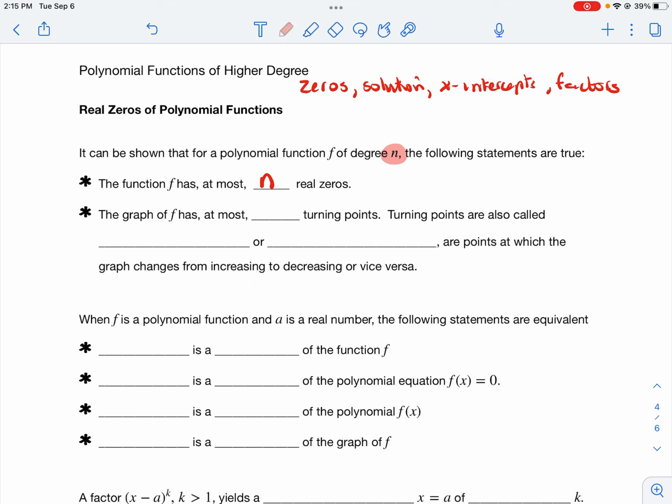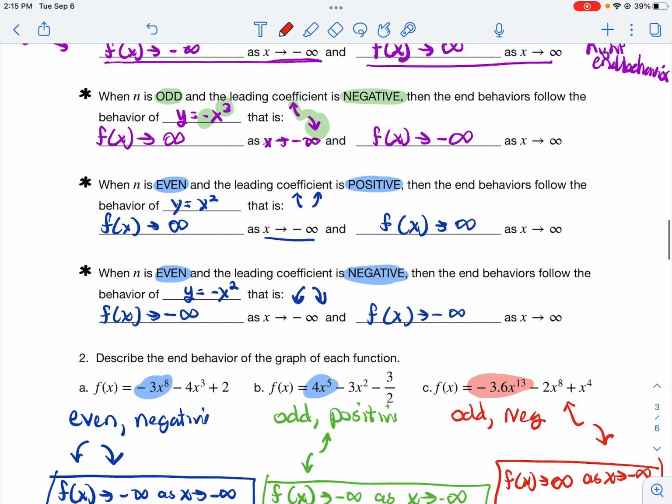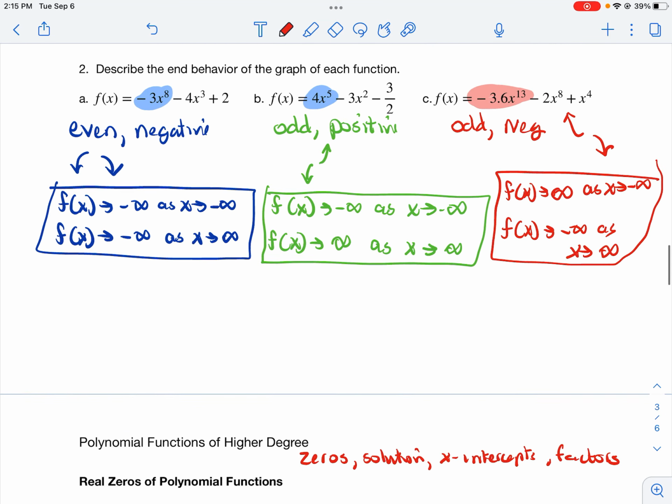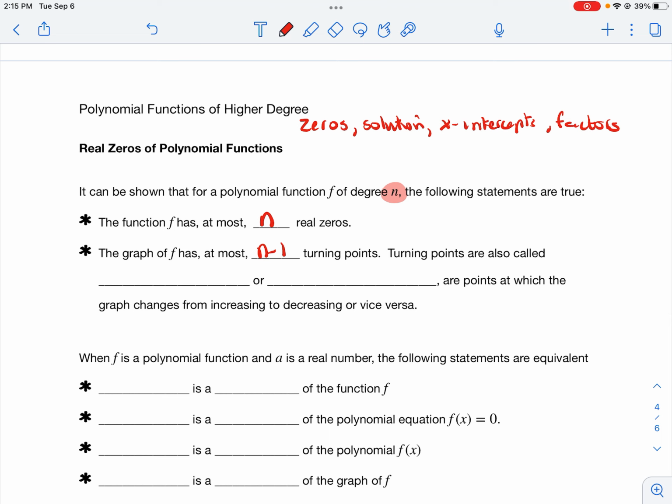The graph of f has at most n minus 1 turning points. Turning points are these points I've circled where the curve turns. On this graph, there are 1, 2, 3, 4 turning points. That means the smallest degree this one could have would be 5, because at most it has n minus 1 turning points. Turning points are sometimes referred to as relative or local maximums and relative or local minimums.